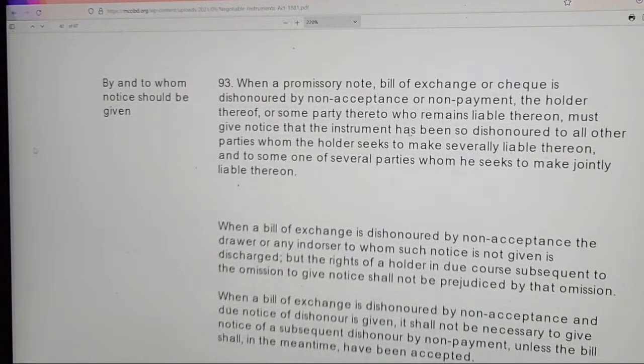By and to whom notice should be given. When a promissory note, bill of exchange, or check is dishonored by non-acceptance or non-payment, the holder thereof or some party thereto who remains liable thereon must give notice that the instrument has been so dishonored to all other parties whom the holder seeks to make severally liable thereon, and to some one of several parties whom he seeks to make jointly liable thereon.